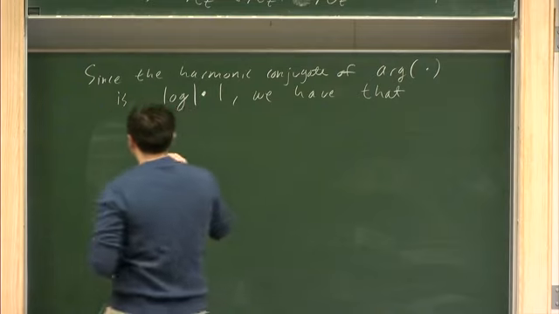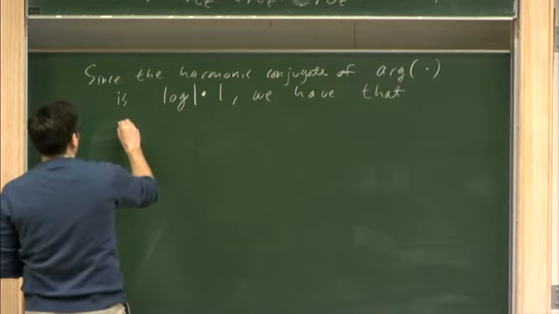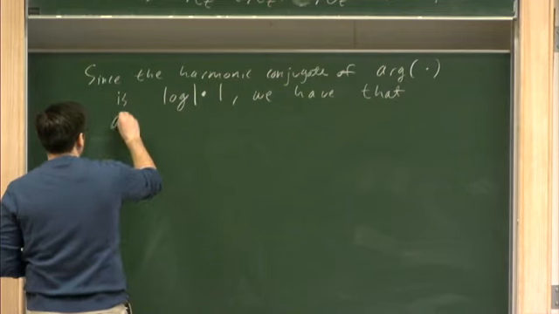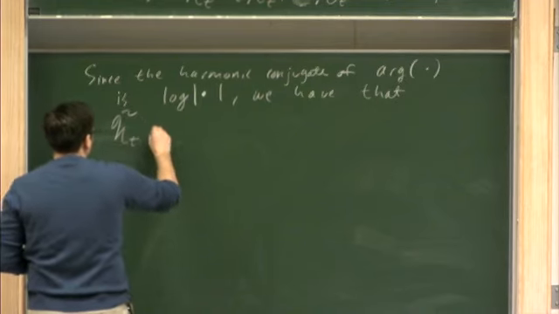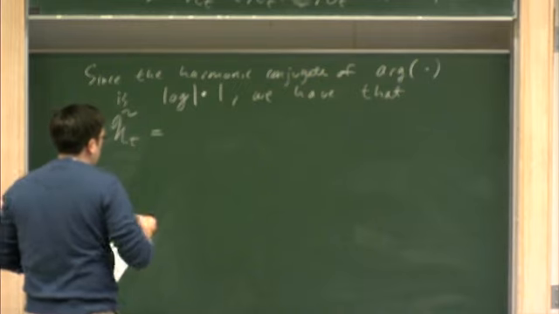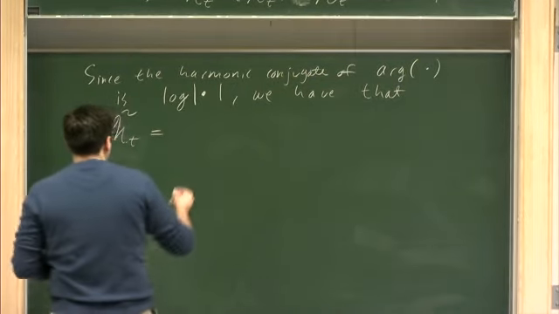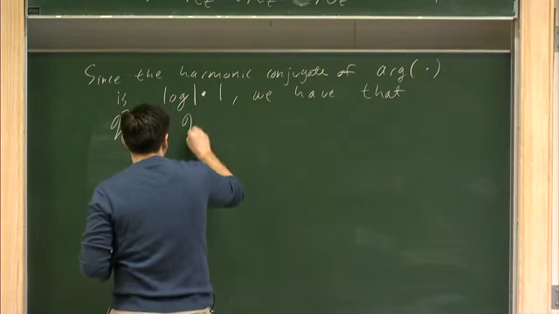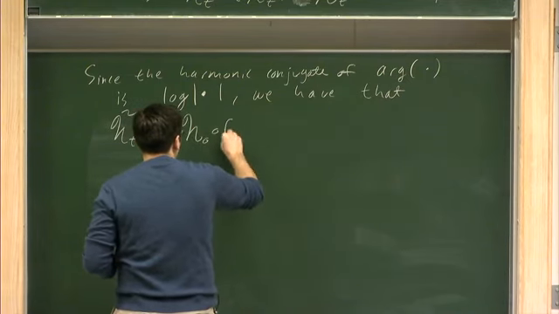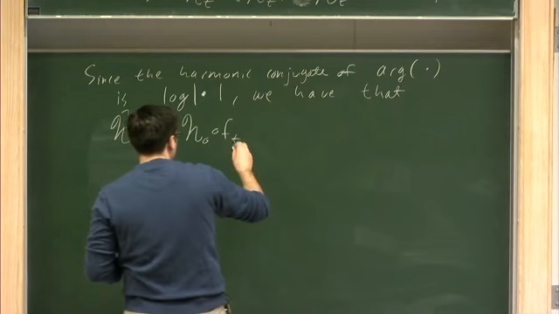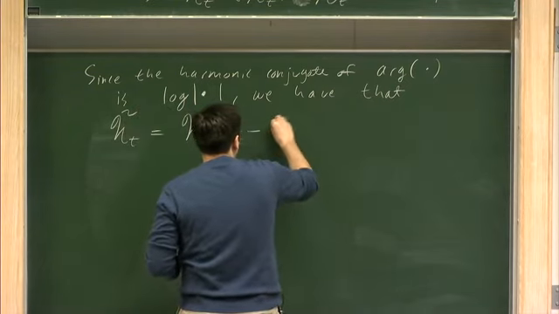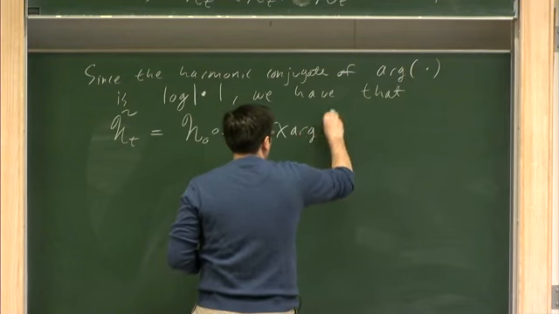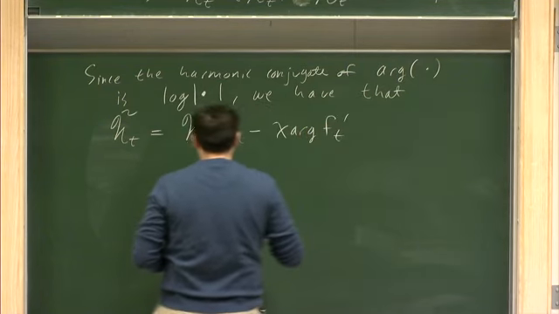So let's first write down what ht tilde is. ht tilde is equal to the composition of h0 with ft minus chi times the argument of ft prime.